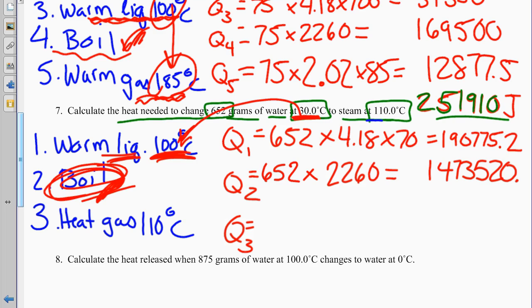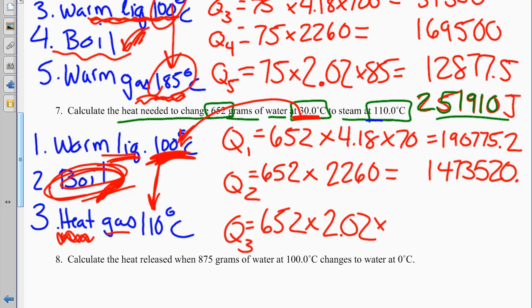And then my last cue here, I am now heating again. I am warming again. So I'm going to do Q is equal to MC delta T, 652 times. We are in the gas phase, so we're going to use 2.02 as our C. And very careful, we already paid to get to 100, so the only change we need to do now is 10 more degrees.